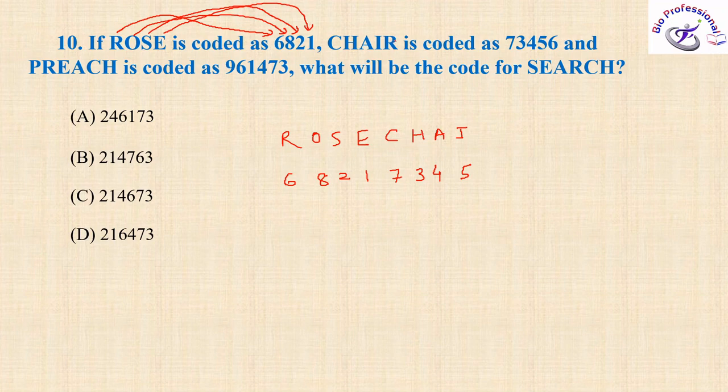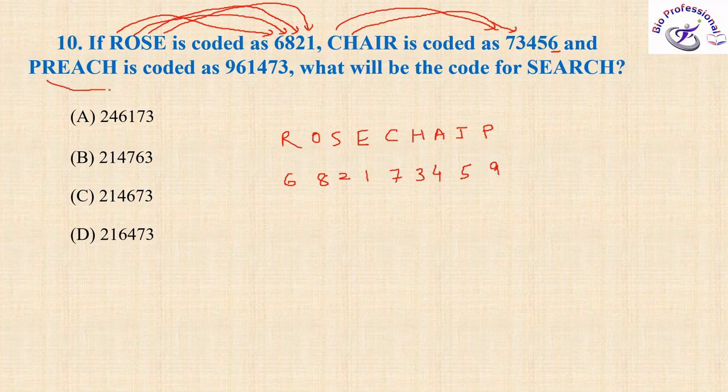Likewise I am calculating here. C is 7, H is 3. As R is again 6, I'm not writing this again. Now PREACH is coded. P has not been written till now. P is 9.